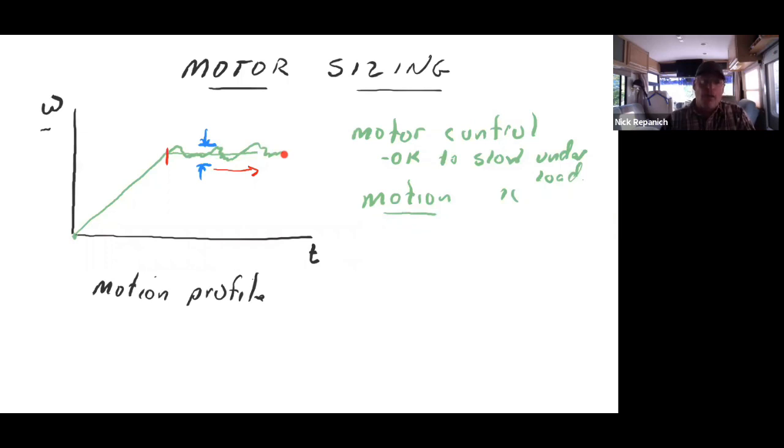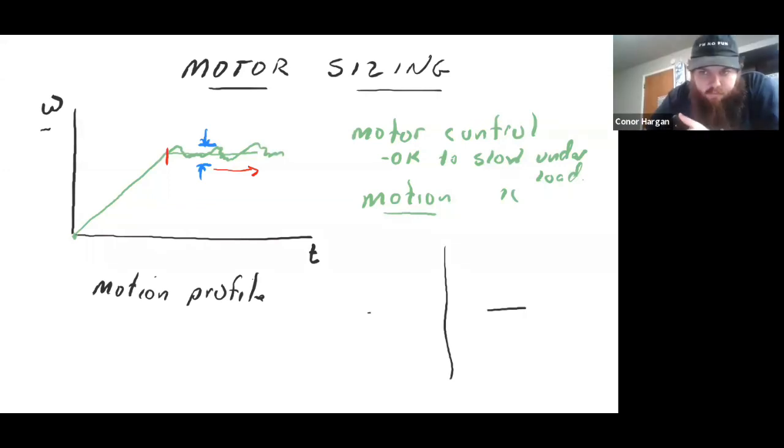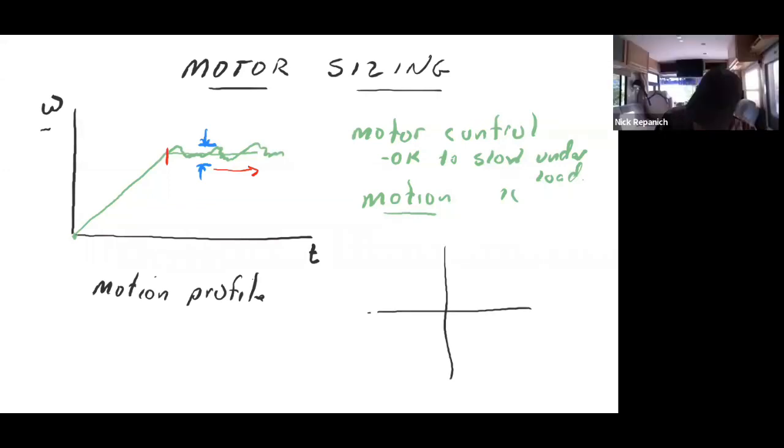So far, we made the motor have positive torque in the positive direction. I'm going to call these quadrants, and it helps you figure out what kind of motion you have.